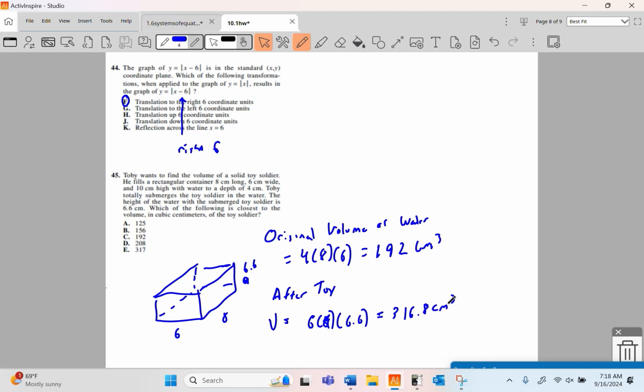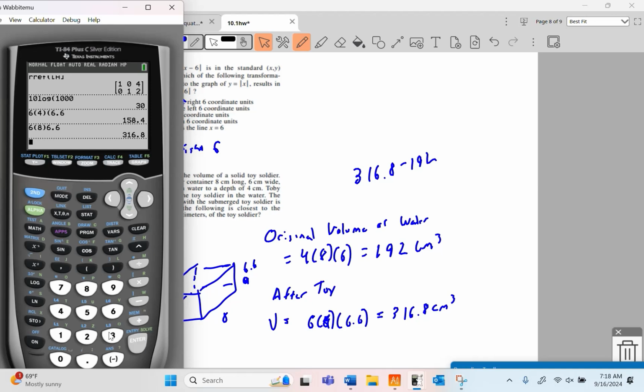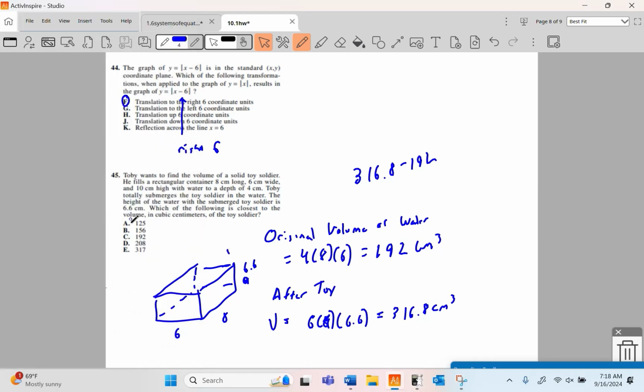Now, the volume of the toy is going to be the difference. So we're going to figure out what 316.8 minus 192 is. It's over 100, just slightly. And we're going to pick the closest one here. It's probably going to be choice B. 124.8. Oh, it's choice A. And it says which of the following is closest, so there you go.